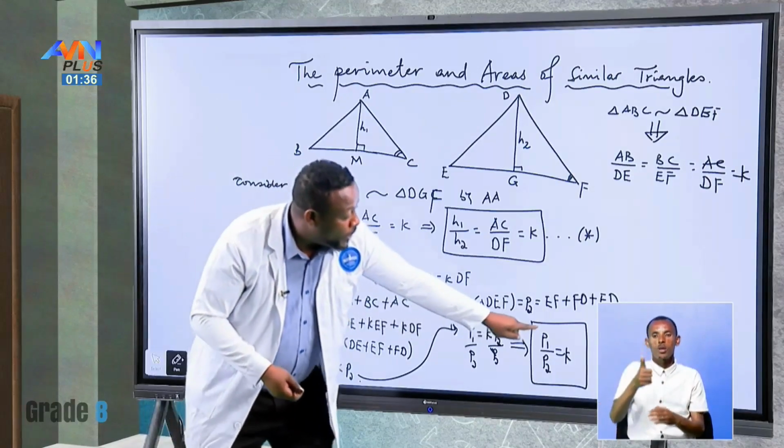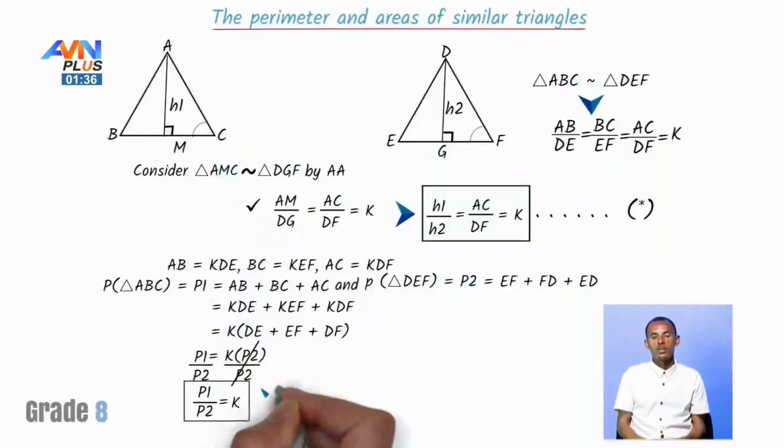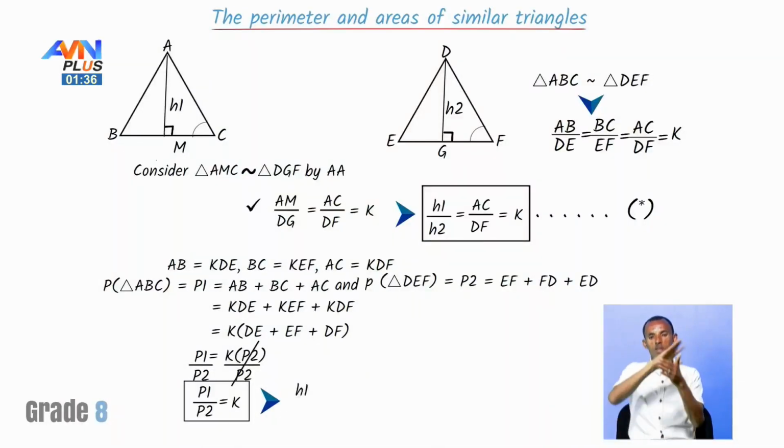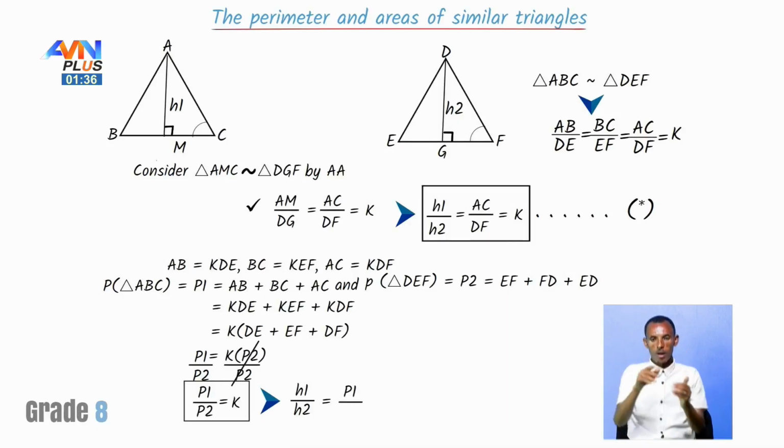The ratio of the perimeter of the two triangles is also constant. So this leads us to the conclusion, H1 by H2 is the same as P1 by P2.